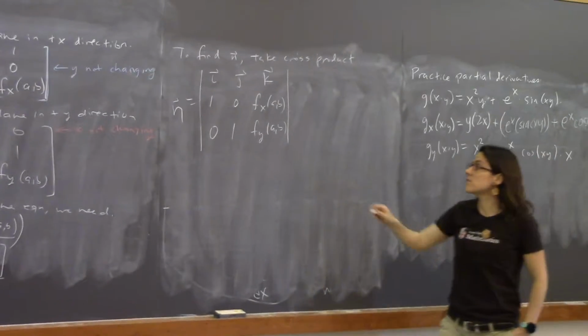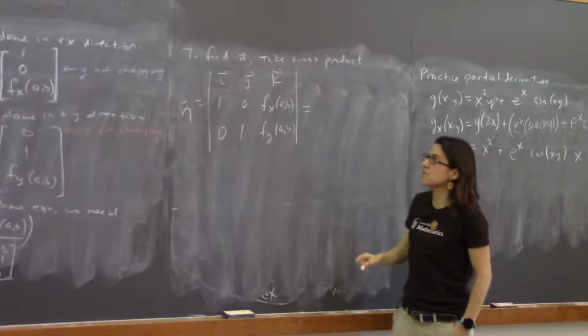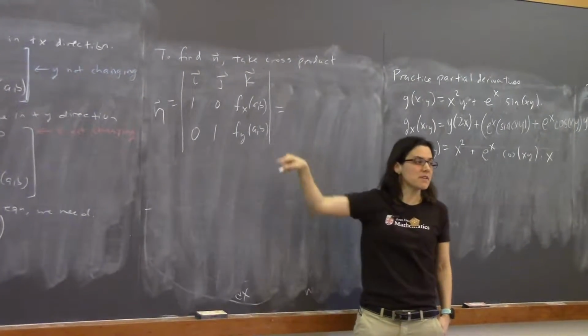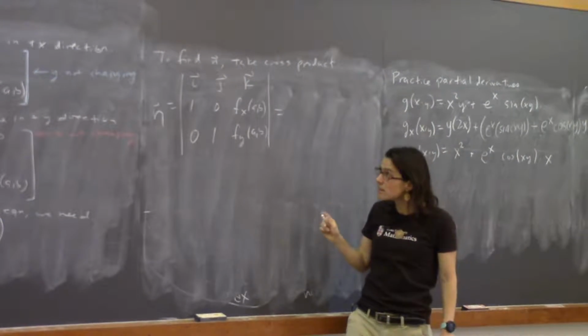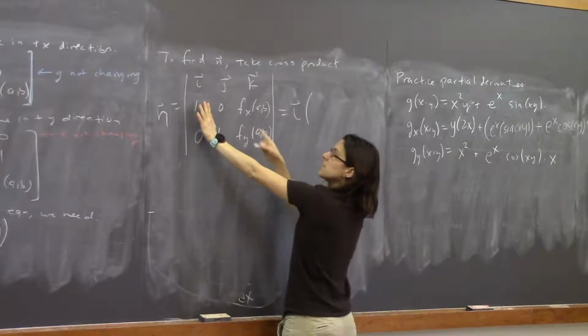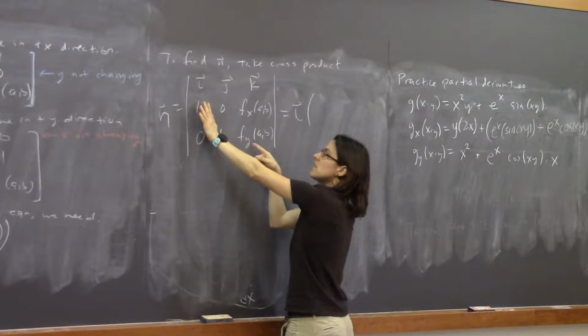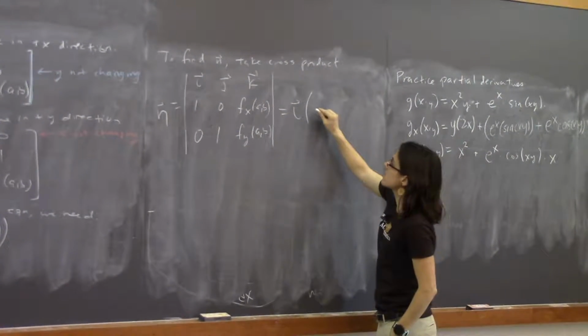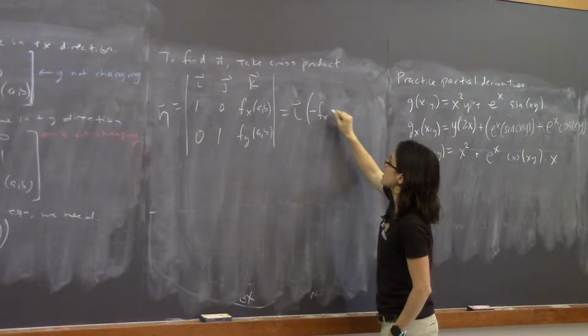Okay, let's do it. So we are going to treat this as a 3 by 3 matrix and cofactor expand across the top row. So we get i times the determinant of this matrix, so 0 minus partial derivative with respect to x, so just minus partial derivative with respect to x at AB.